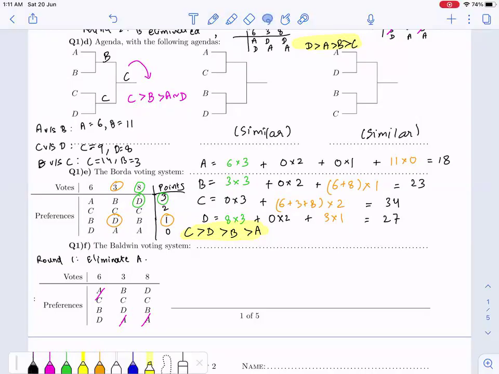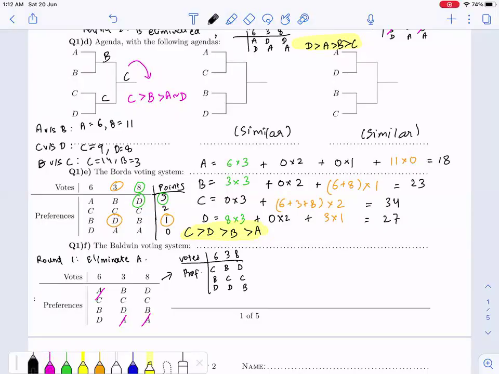Let me just do it by hand. So after eliminating A, you have CBD, BCD, and DCB.